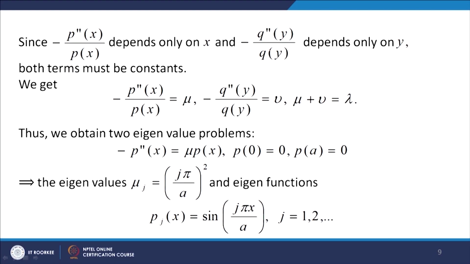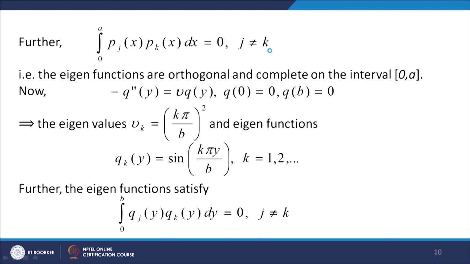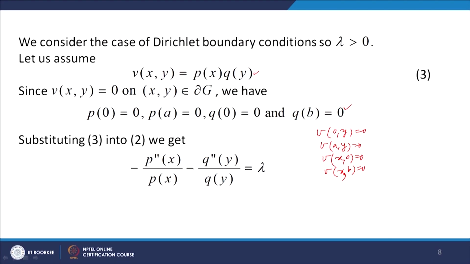Okay. Why? Because you can see like this, this quantity you bring to the other side. Lambda is a constant, so you can write minus p double dash x over p x equal to lambda plus q double dash y over q y.